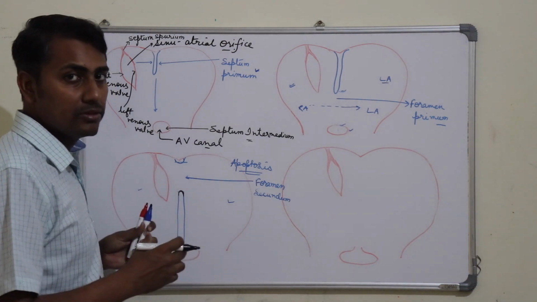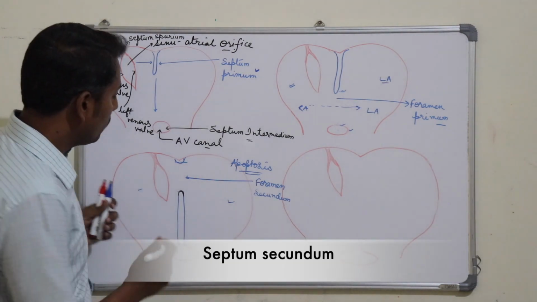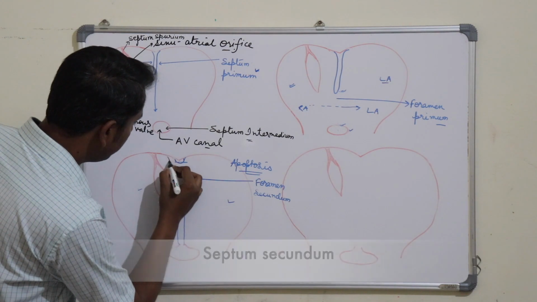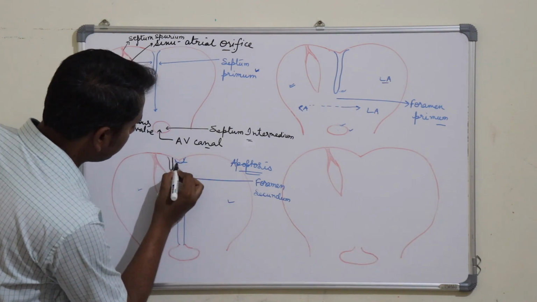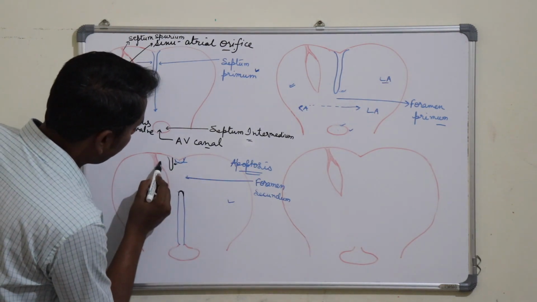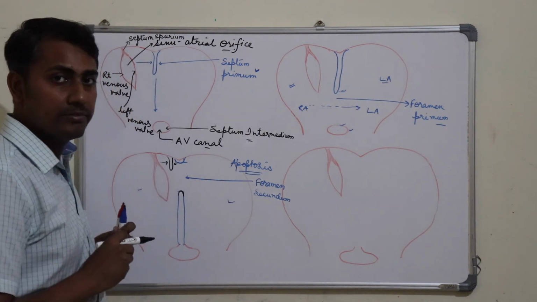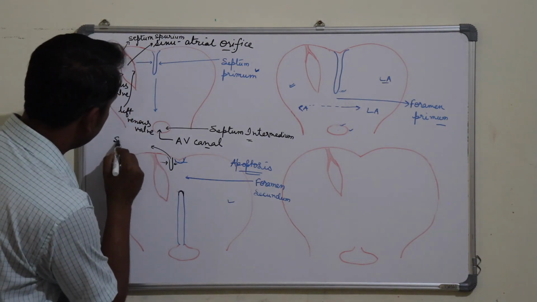Now a second septum known as septum secundum will arise from the roof of the atrial chamber just to the right of the septum primum and to the left of the septum spurium. This was the septum secundum.